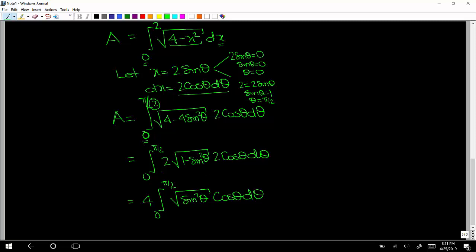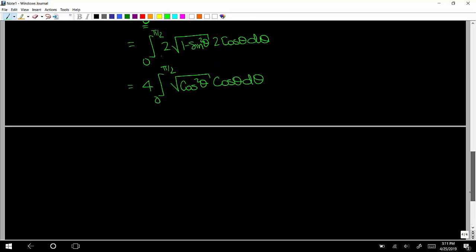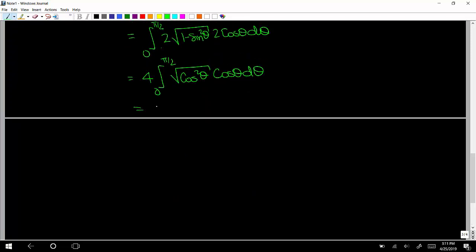This should be 1 minus sine squared theta, and this will become cosine squared theta. Now, in the first quadrant, cosine is always positive, so when we take the square root of cosine squared, we just get cosine. Now, this will give us this integral, 0 to pi over 2, and this is cosine squared theta d theta.